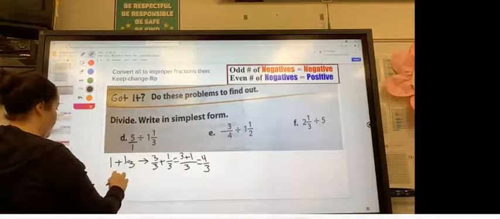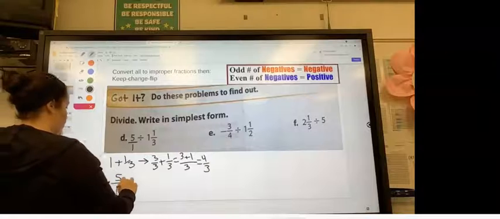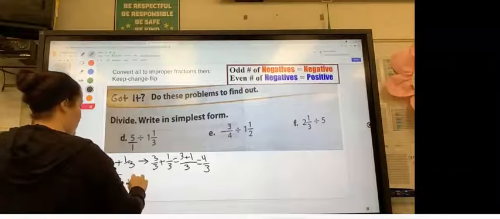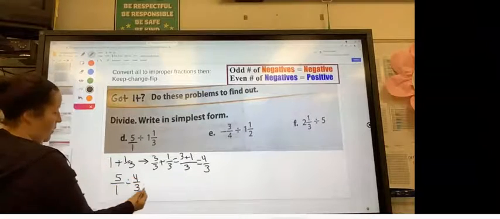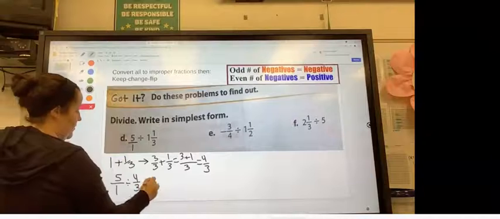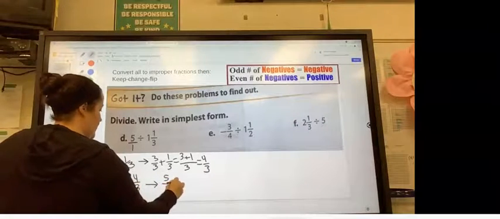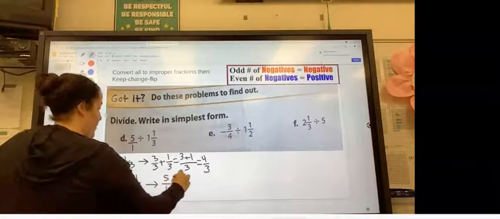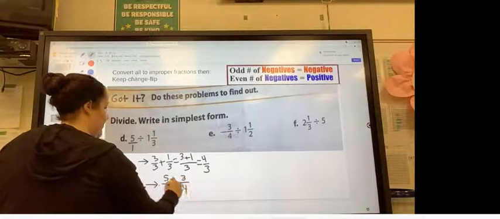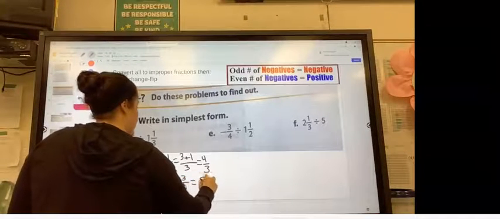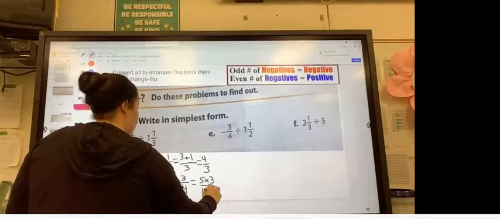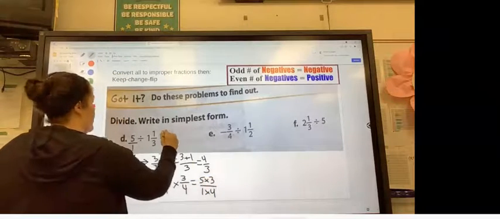So plug it back in, so 5 over 1 divided by 4 over 3. Now we're going to follow keep, change, flip. So keep the first one, change the sign to multiply, and flip the last one. 5 times 3 over 1 times 4, 15 over 4.